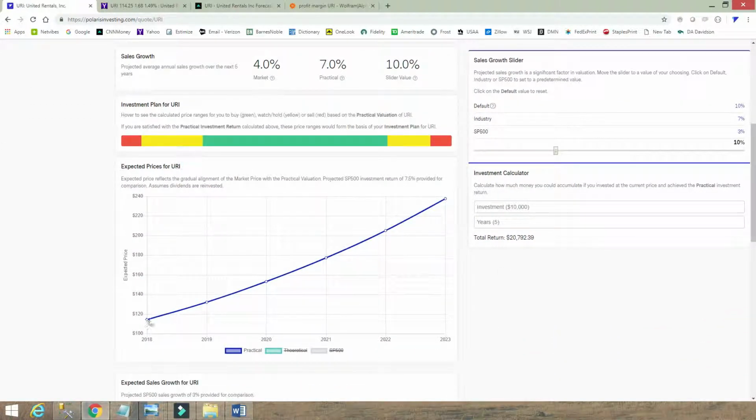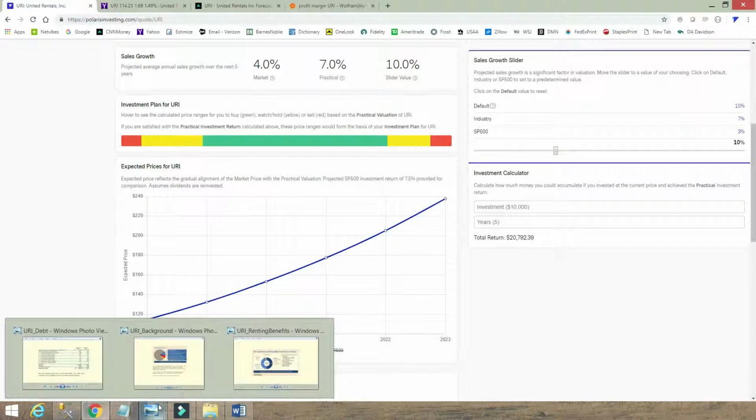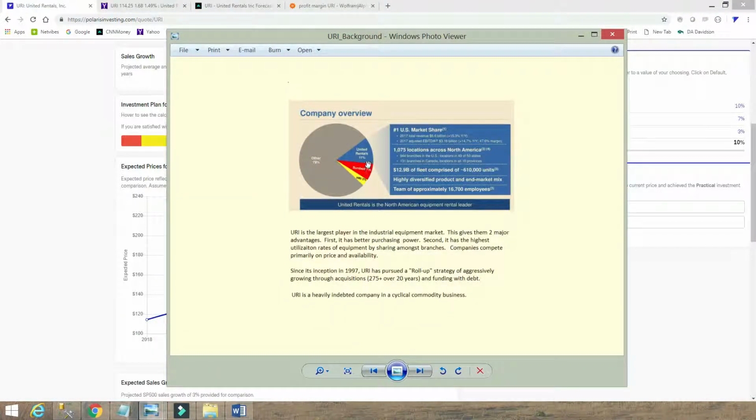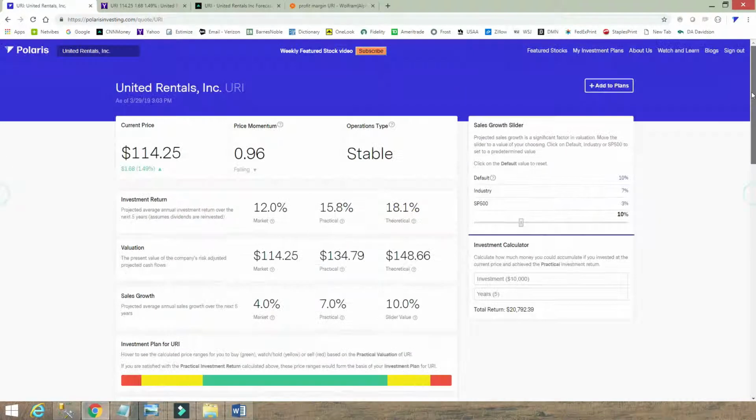So that implies that we're going to be doubling our money in a 5-year time frame. And for the kind of strategy that this company has in terms of what they've been able to do to grow their share, there's lots of opportunity out there for them to continue on with their strategy. So the conclusion for United Rental is that it's a prospect.